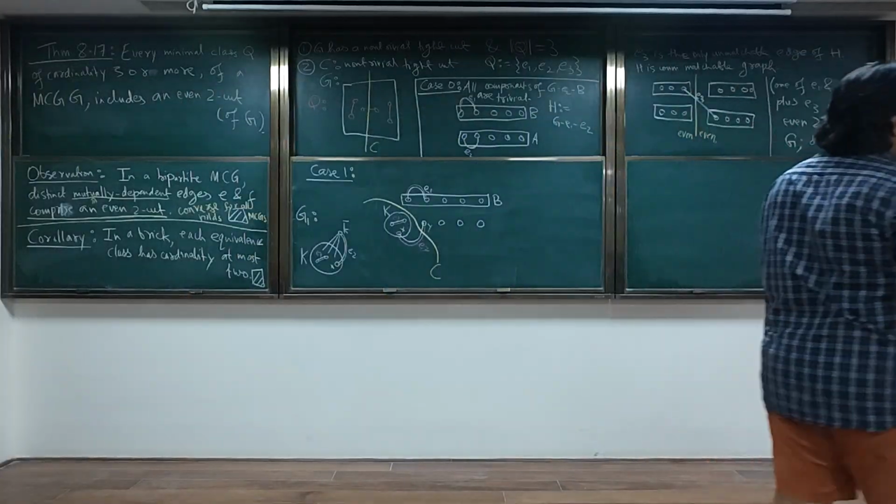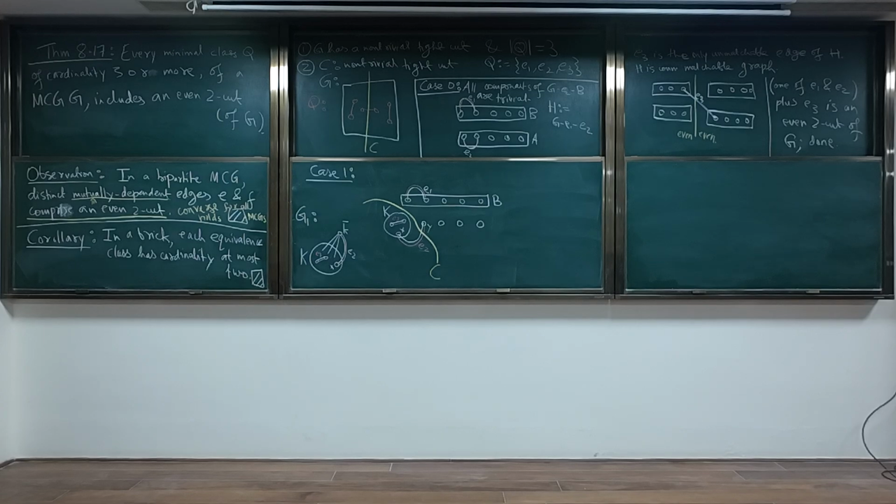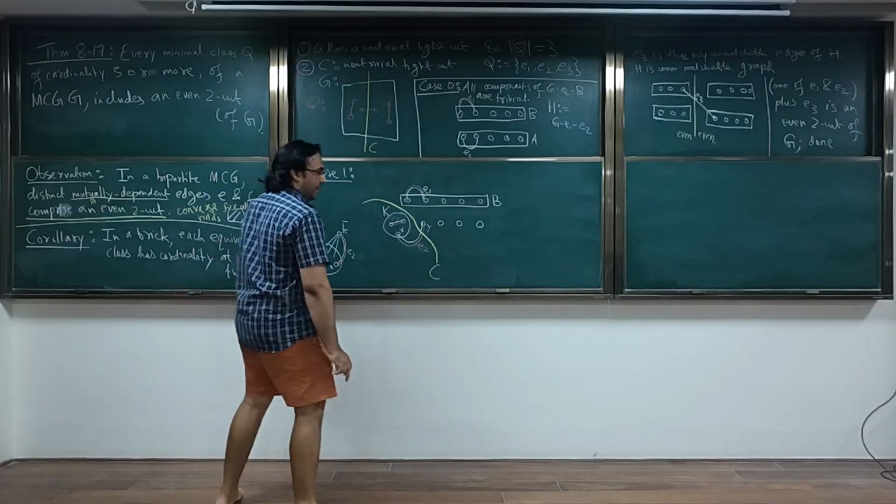for a non-trivial tight cut, if you consider the two contractions, then the dependence relation of the contraction is simply the dependence relation of the original graph restricted to the contraction set. Therefore, E2 and E3 are mutually dependent in this graph.